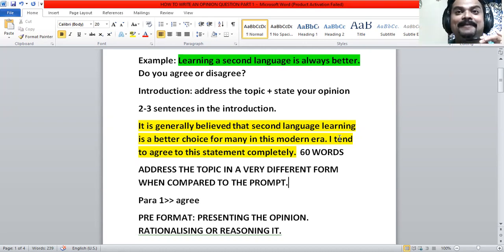But in the beginning, when you frame the base of this particular introduction, you just carry on because you have a lot to do in the essay. You just don't stick on the introduction. If you are spending around 5 or 7 minutes on the introduction, that's utter waste.